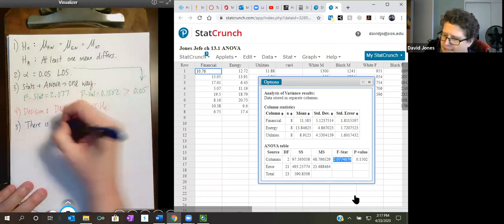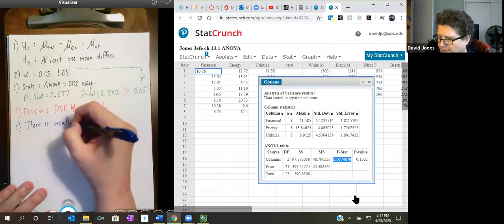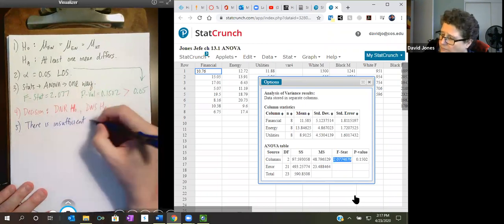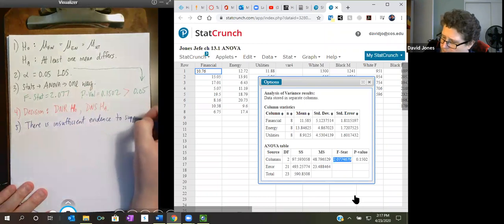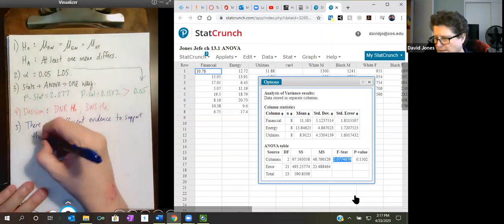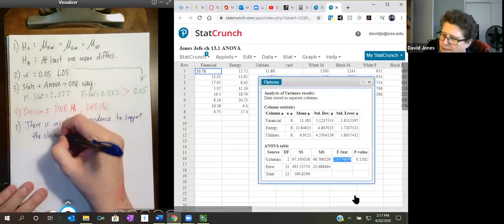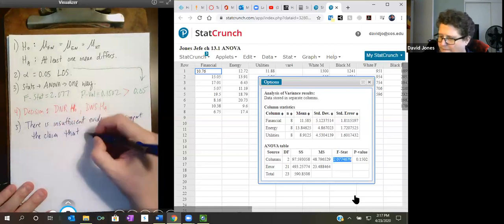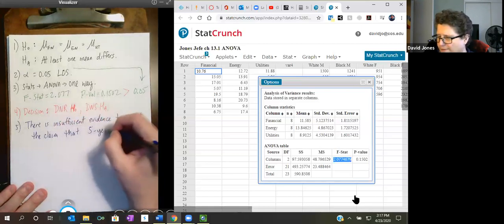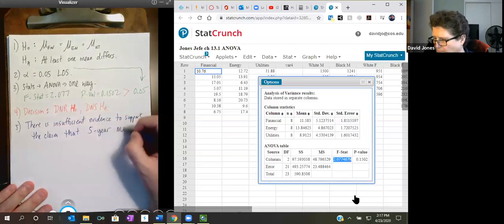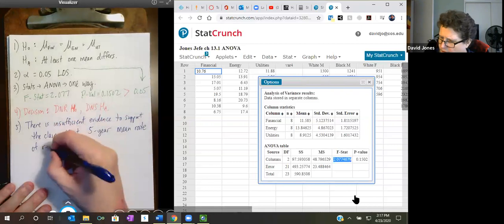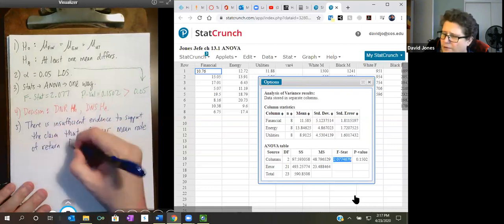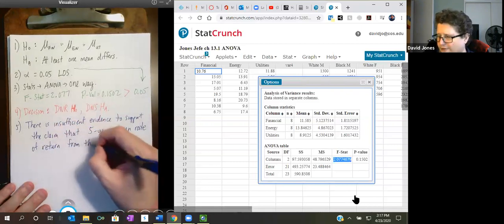There is insufficient evidence to support the claim that the 5-year mean rate of return from the 3 stock sectors differs.